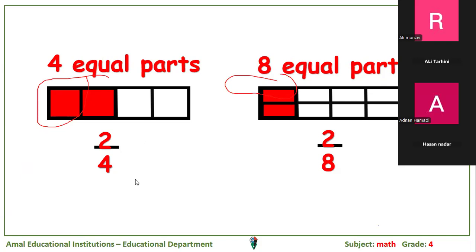Here we have 2 in the numerators, the same numerators. So in these two fractions, we have the same numerators. So choose the fraction with the smaller denominator. It will be the bigger fraction. Do you understand? Yes, teacher.